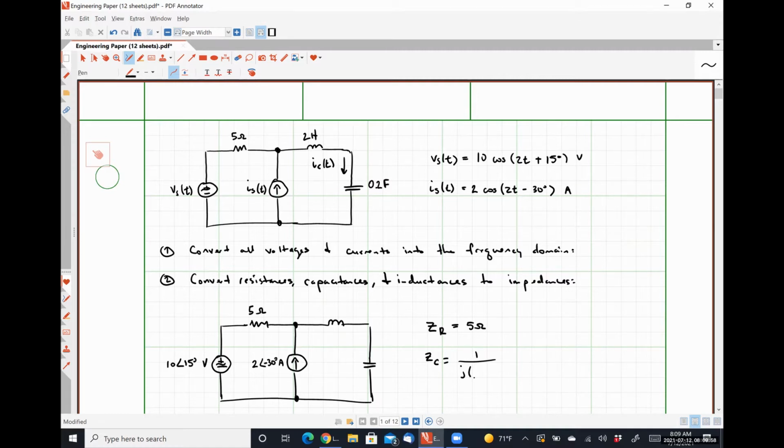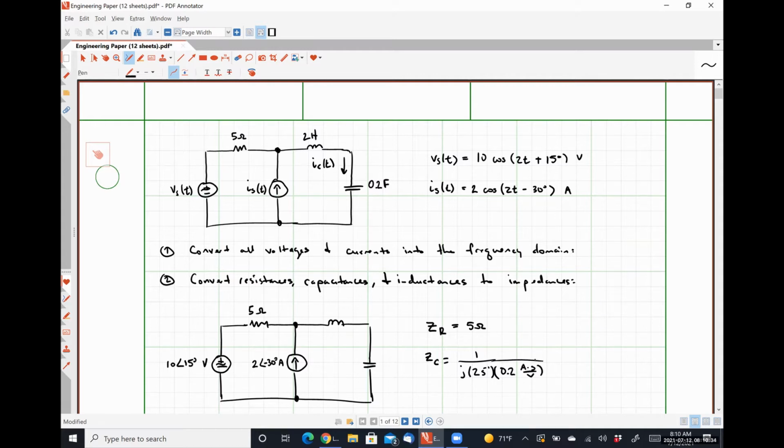Exactly right. So omega is the angular frequency, which is the operator that is acting on time, or t, inside that cosine function. So in this case, we have an omega of 2 radians per second. And finally, we put in our capacitor value, which is 0.2 farads, where a farad is an amp second per volt.